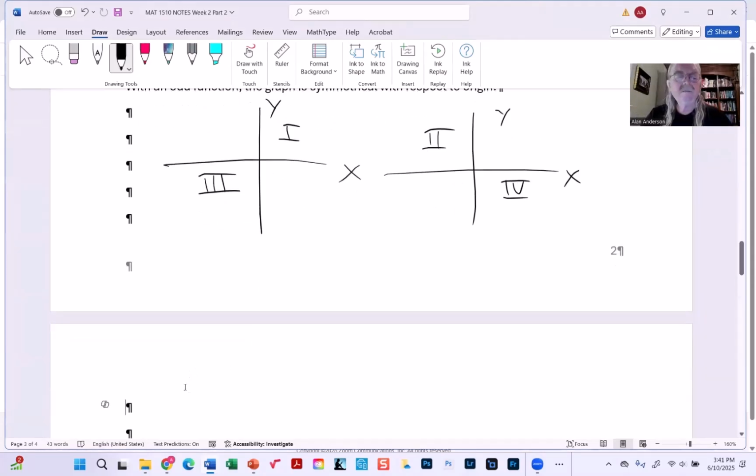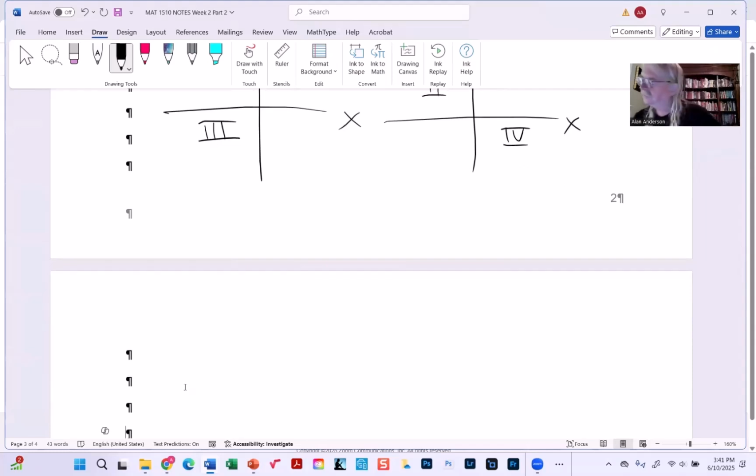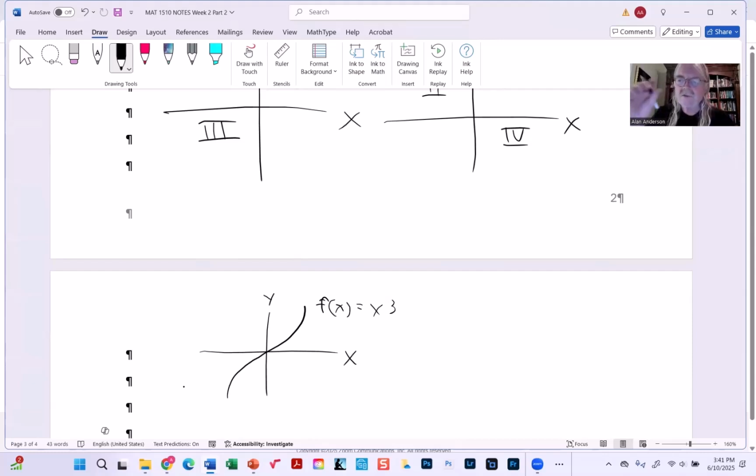So, for example, you can visualize that in this case, if you took that first quadrant and flipped it over into the third quadrant, you can see that they're identical to each other. So the symmetry is with respect to the origin in this case.